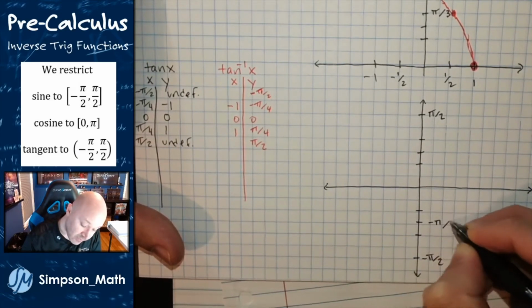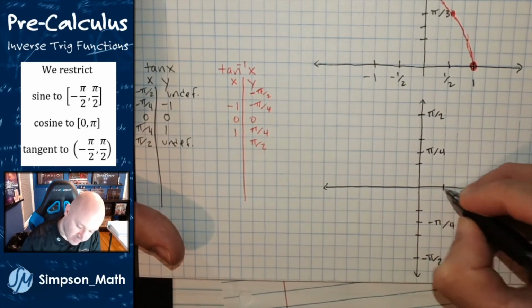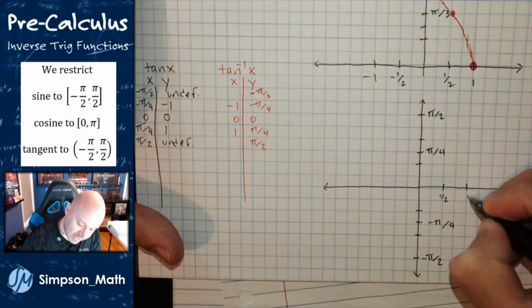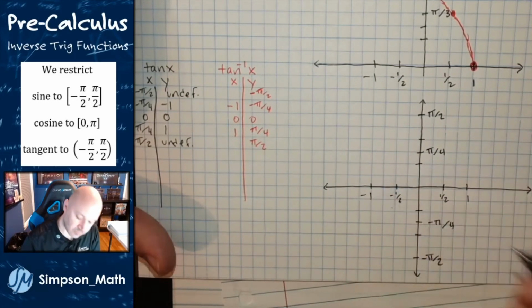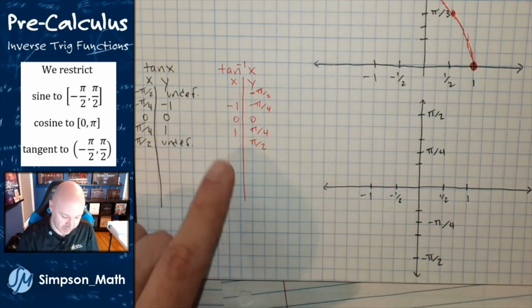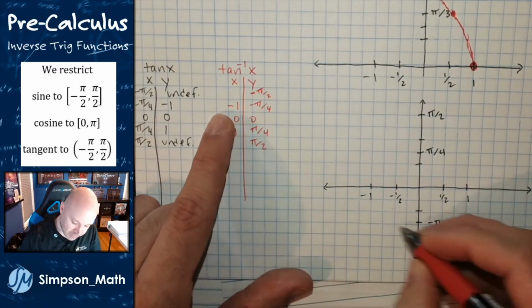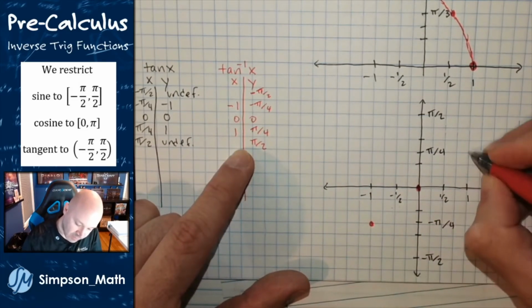I'm going to label the fourths because they are so pretty. I'll let 2 squares be a half, making 4 squares 1. I only have 3 real points here, but I can plot them. -1 maps to negative pi fourths, 0, 0, and 1 pi fourths.